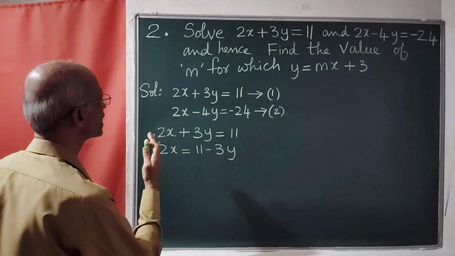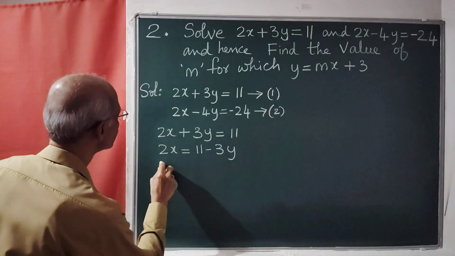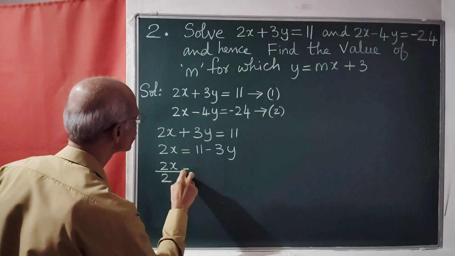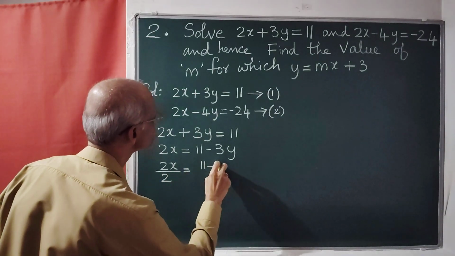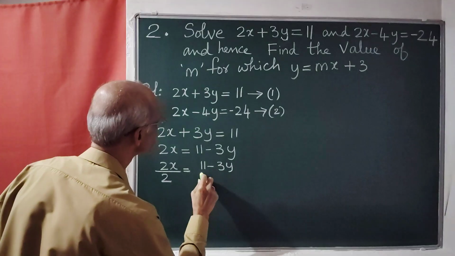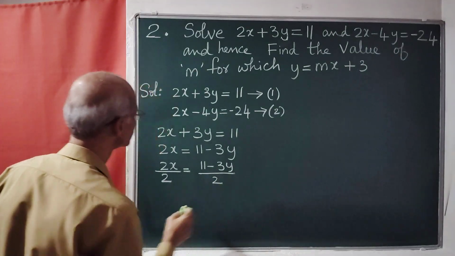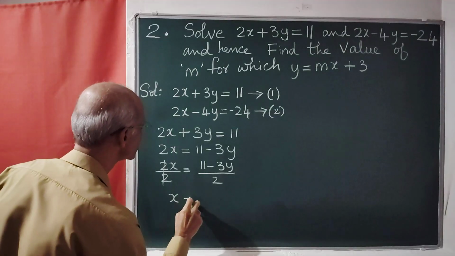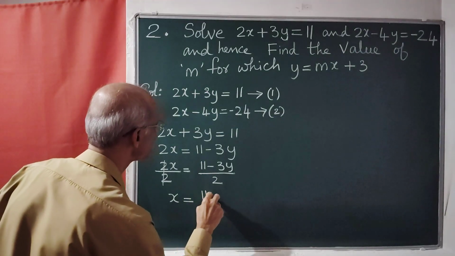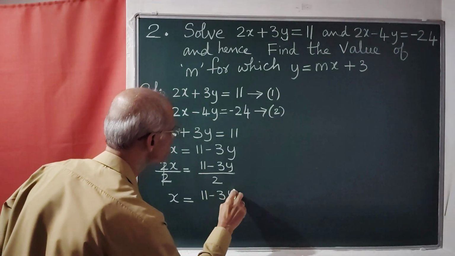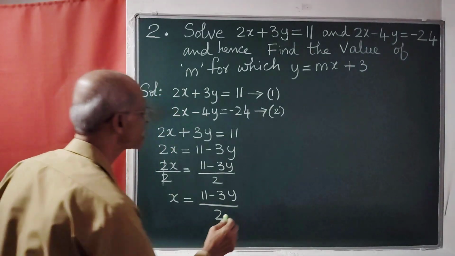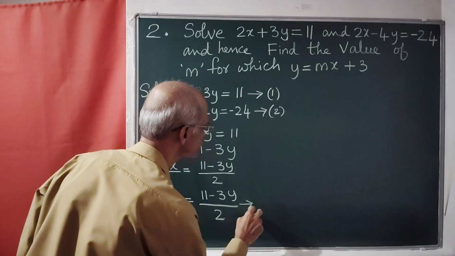Now I will divide right side and left side with 2. 2x by 2 is equal to 11 minus 3y, the whole divided by 2. The 2 will get cancelled here. x will be equal to 11 minus 3y, the whole divided by 2. I will label this as equation 3.